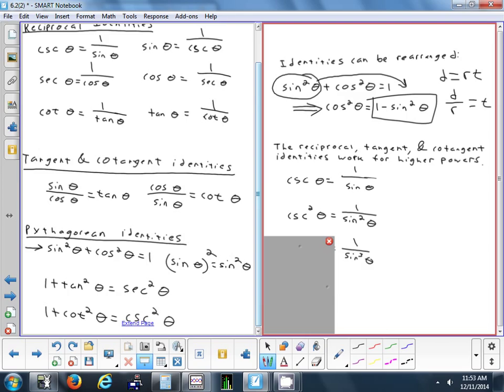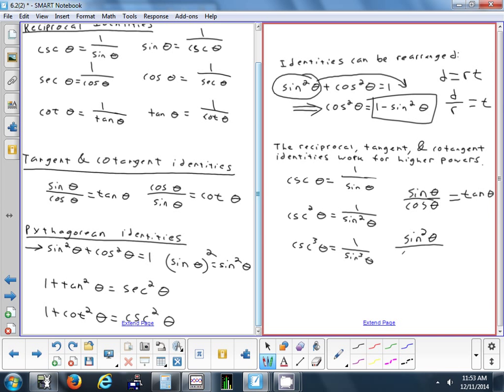If you flip sine cubed, you get cosecant cubed. Okay. What if you flip sine to the fourth? What would that give me? About Andy? Cosecant to the fourth. Okay? These patterns apply to any power you want. Generally, we never have to do it above a 2. Okay, we said, let's look at one of the tangent and cotangent identities. We said sine divided by cosine is tangent. What do you think sine squared divided by cosine squared would be?